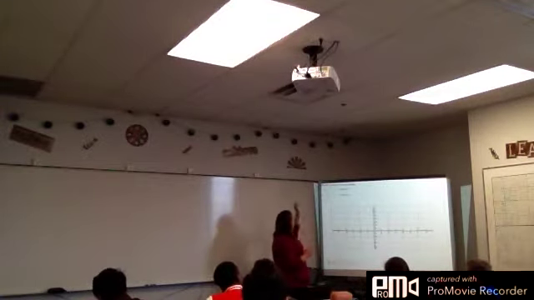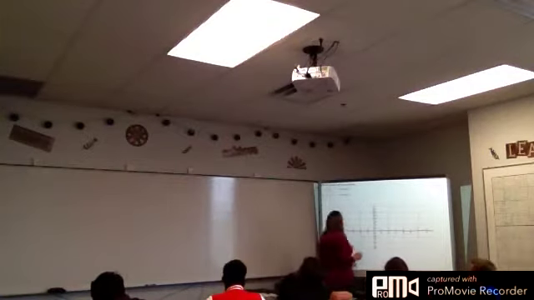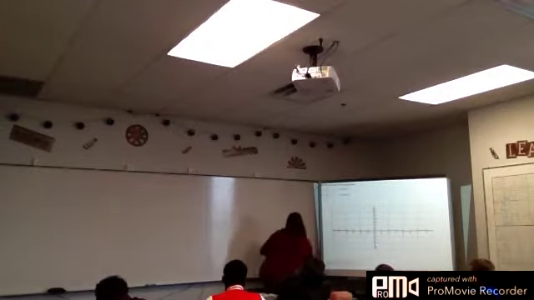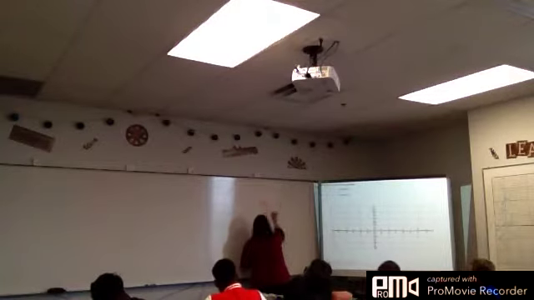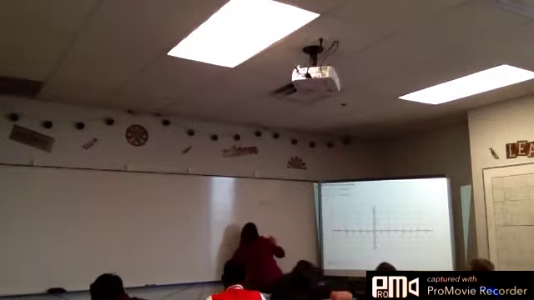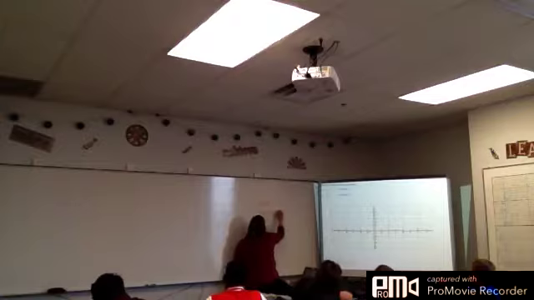Okay, what do I have to do with this top equation before I can graph it? Y equals mx plus b form. So if it is 2x plus 3y is less than 6, what do I need to do first? Move the x to the other side. Will I get fractions in this one? Probably. Is that okay?